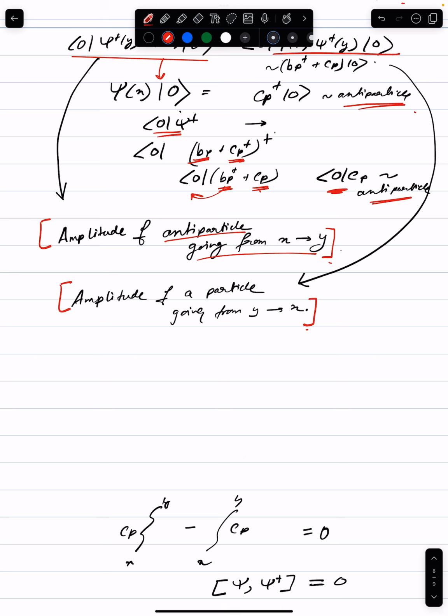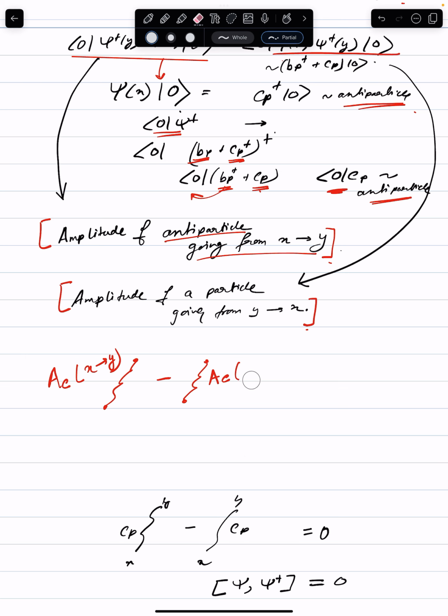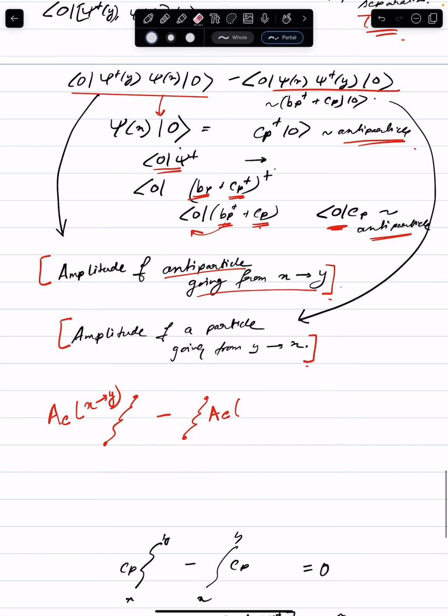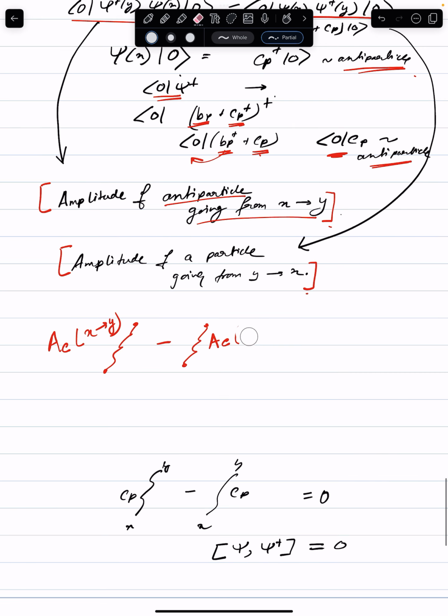So what are these terms? One is the amplitude of the antiparticle, which is C, going from x to y, minus the amplitude of the particle going from y to x.